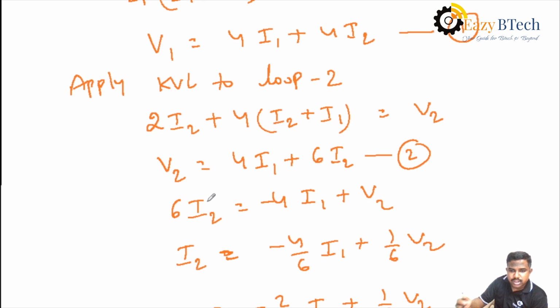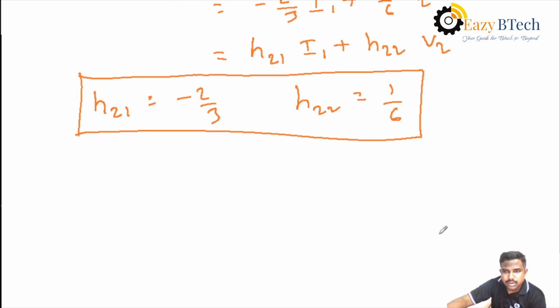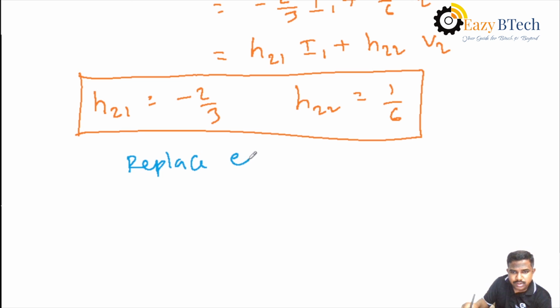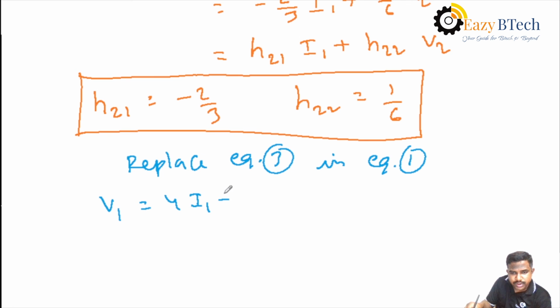Hence, we know the value of I2, that is, consider equation 3. Then we have to replace equation 3 in equation 1. That is, V1 equal to 4 into I1 plus 4 into I2.